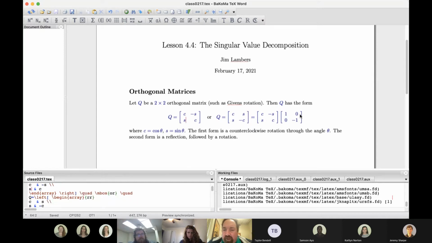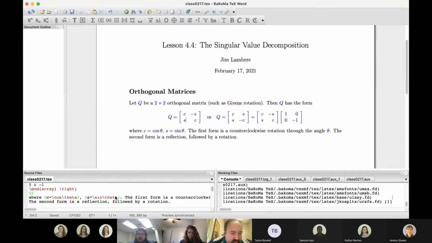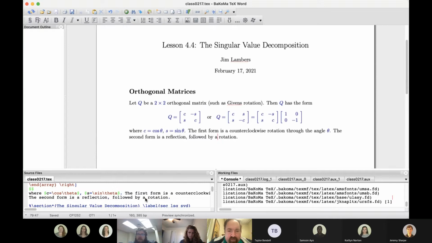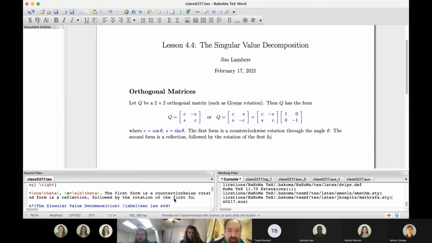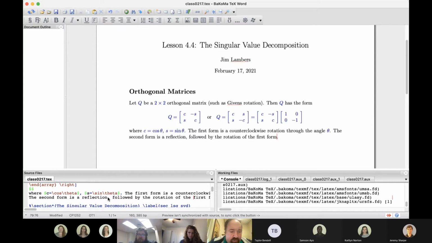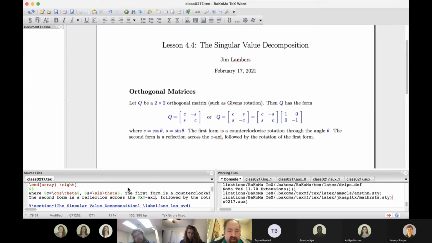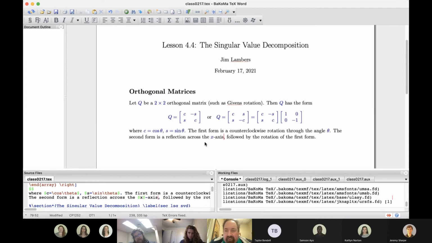So when we multiply this by some vector, it will negate the y coordinates only, and then carry out the same counterclockwise rotation through theta. So the second form is a reflection: when you're negating the y coordinates, it's reflecting across the x-axis.